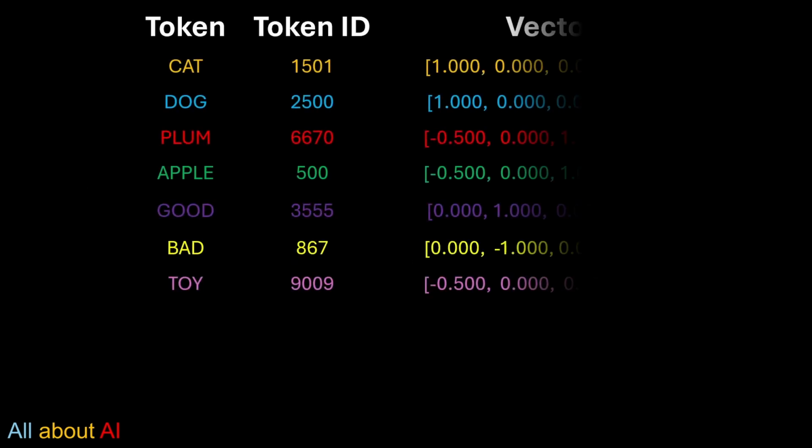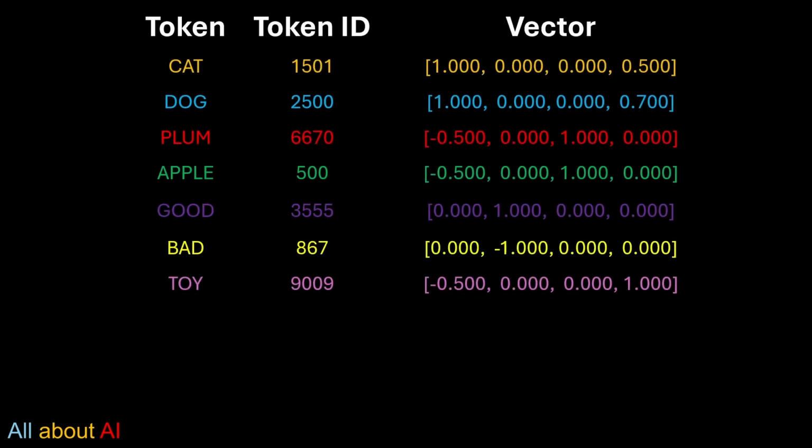So if you take the example of these 7 words, here I'm showing just a 4-dimensional vector, but it could be very high dimensional depending on the algorithm or the size of models being used.